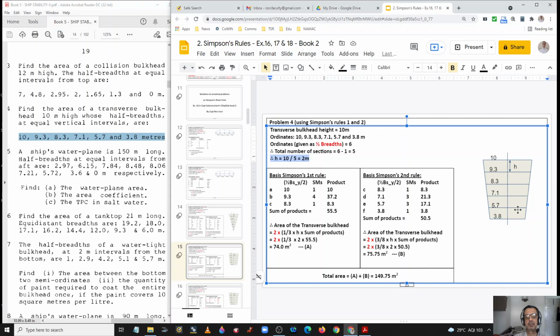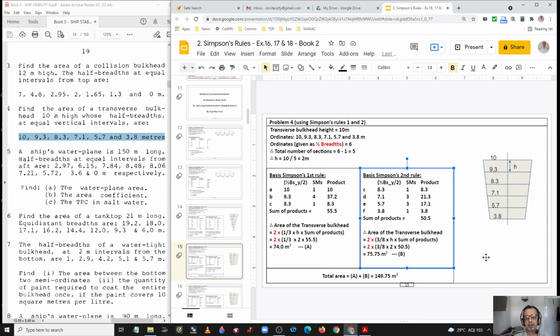Now here once again I'm showing you solutions basis Simpson's first rule as well as second rule, and we see once we have done the multiplications, what do we get? For the semi-ordinates A, B and C, starting from the top, we use Simpson's first rule. And for the other four ordinates, we use Simpson's second rule.